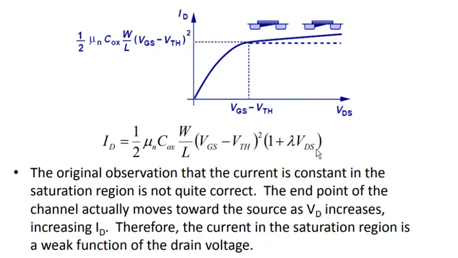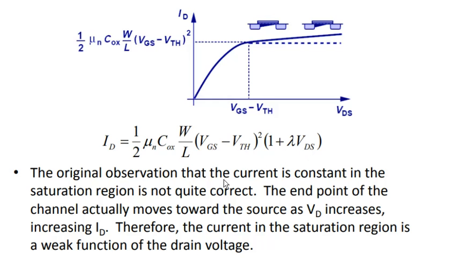If we increase VDS keeping VGS constant, the channel length will reduce, that means pinch off will occur, that means the saturation region will come. For an ideal MOS structure we studied that in the saturation region the current is constant, but here the current, instead of being constant, will increase. That's why it is called channel length modulation.